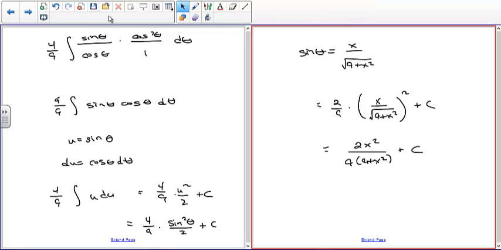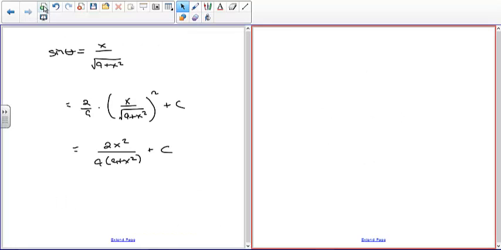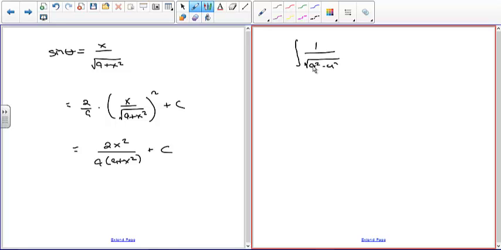I came up with this. Every year I come up with something new. If you remember back in chapter 5, we did these integrals, or we developed these integrals. 1 over the square root of a squared minus u squared was equal to the arc sine of u over a.